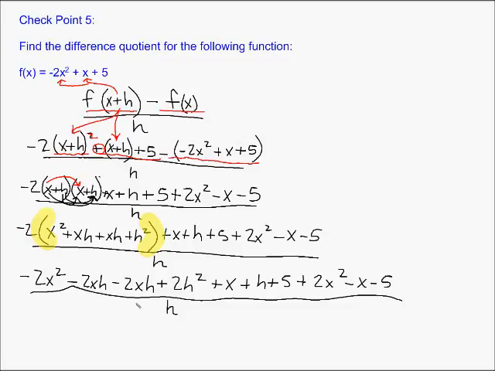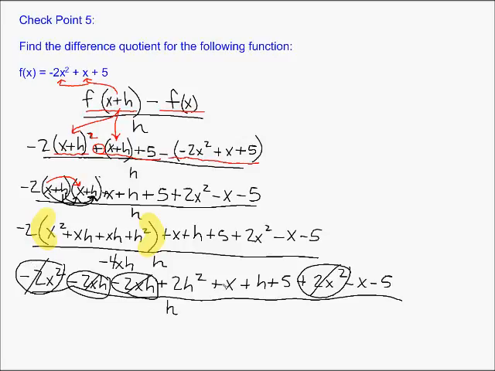Now I'm just going to put together like terms. The first one that I want to do is take this minus 2xh minus 2xh, and that's going to become negative 4xh. That gets rid of that. And then I have negative 2x² and I have positive 2x², so those two cancel out.